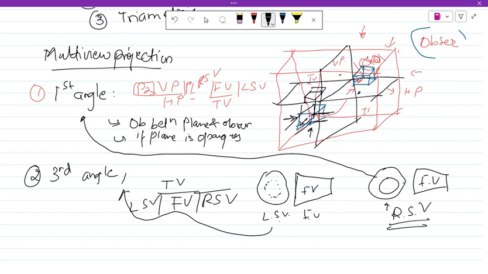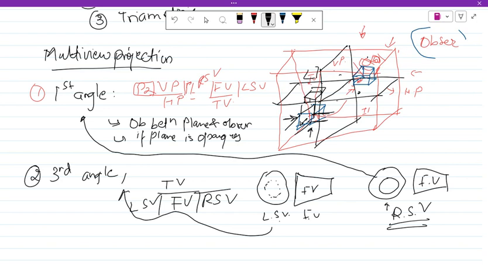That's a projection. So this is all about first angle and third angle. For the second angle and fourth angle, the same view will be imprinted on the same plane. For the second angle, if one top view is presented here and projected in this plane, and this plane is rotated, the same view will be on this plane.